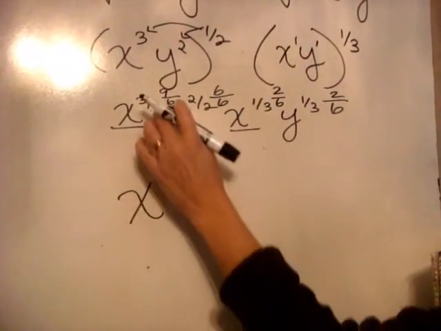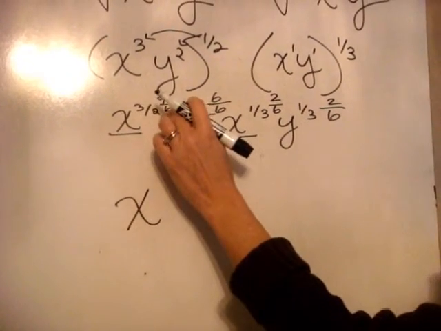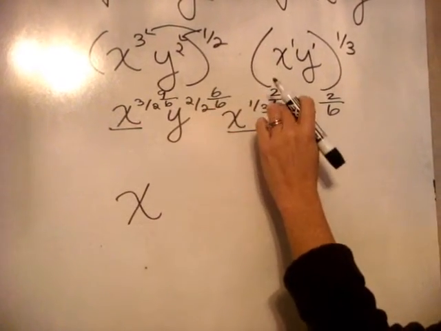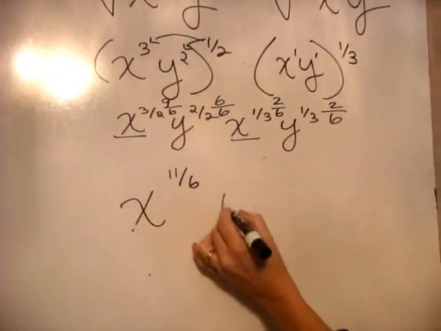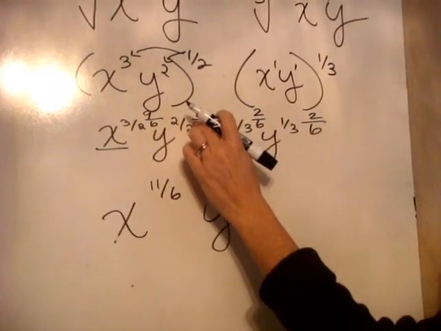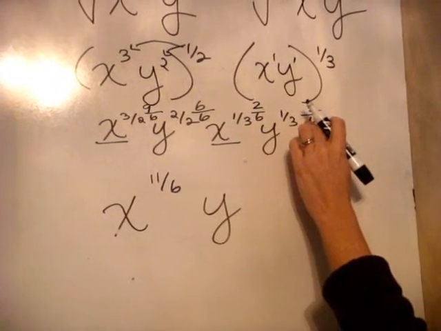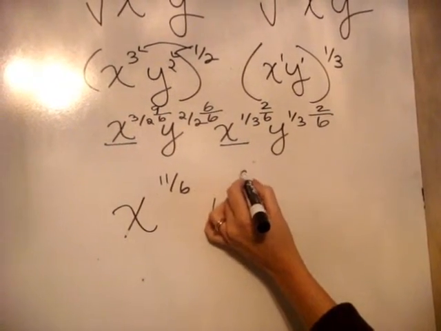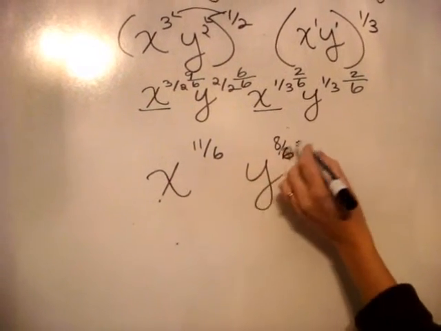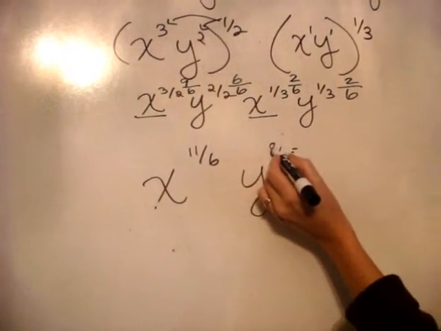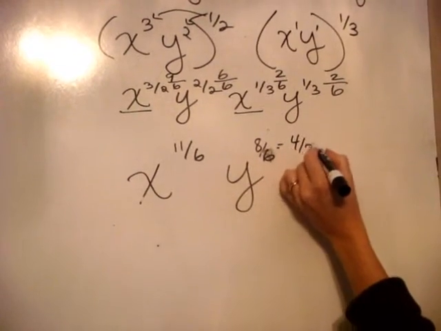So we're going to get x to the 9/6 plus 2/6, which is 11/6. And y to the 6/6 plus 2/6 would be 8/6, which would reduce to 4/3.